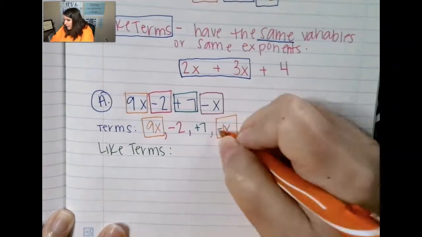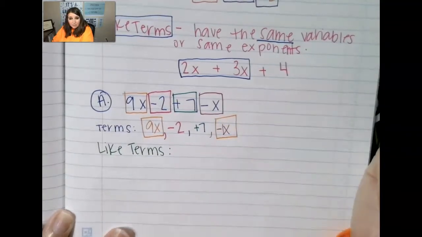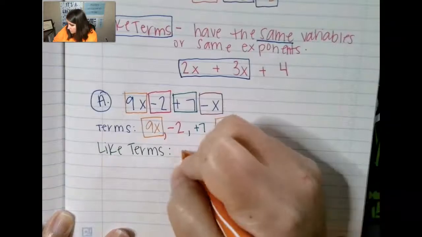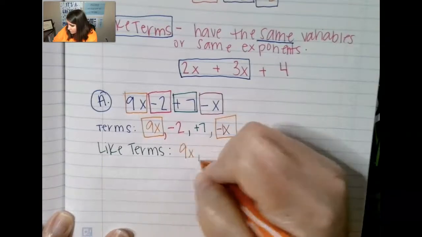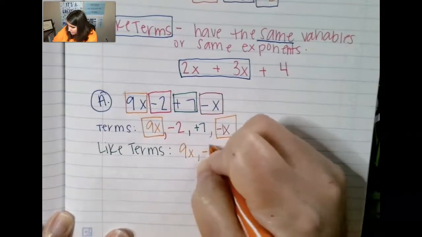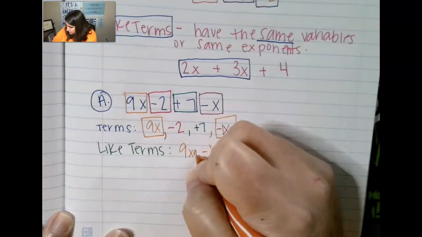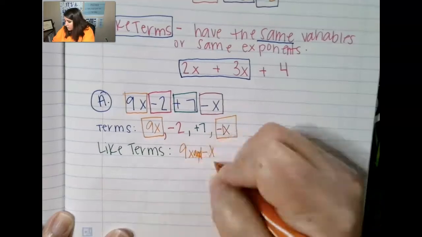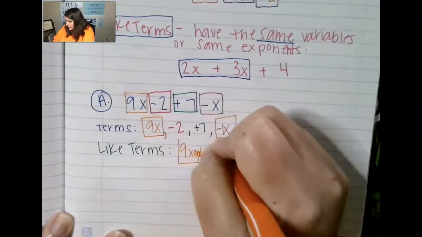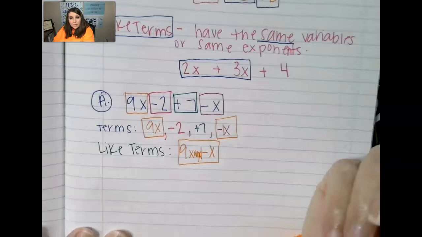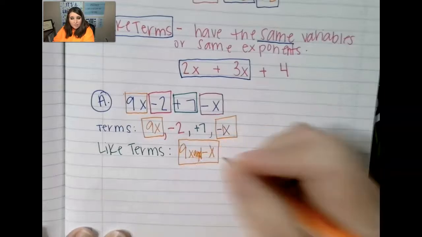This is like having a 1x or a -1x. So like terms, we have 9x and we have -x. These are one set of like terms, and that's because they both have the x on them.